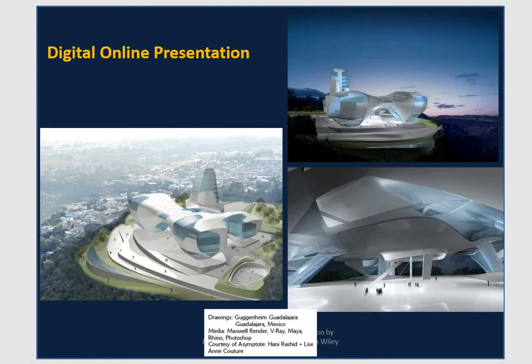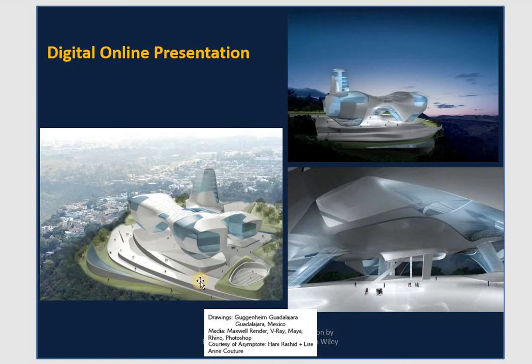Okay, so for digital online right now we have a lot of presentations. They use digital, and a lot of them are developed from one software to develop the projects. So when you look at this one, you see all of them are digital, they are not drawn by hand.